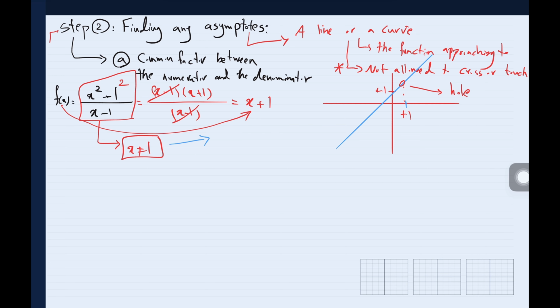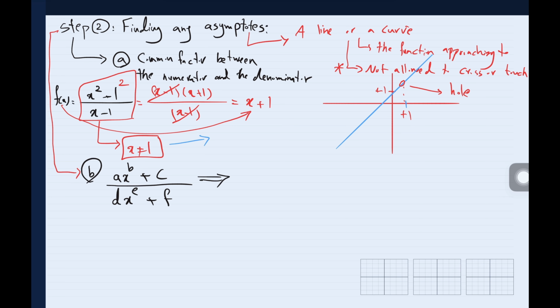Now let's have the second step, which I call part B. If I have any rational function in this general form, like a x raised to b plus c, over d x raised to e plus f, then we have several options for any possible asymptotes.